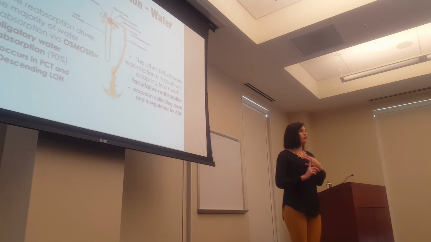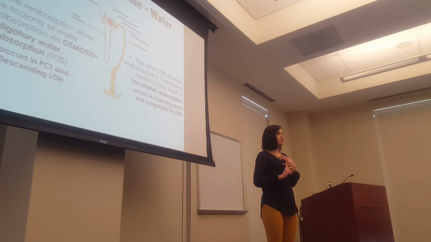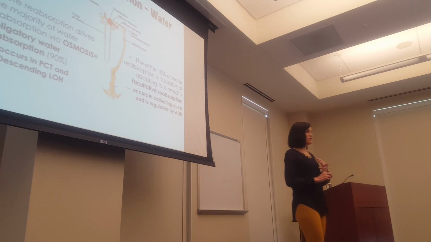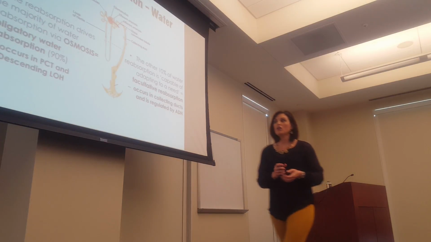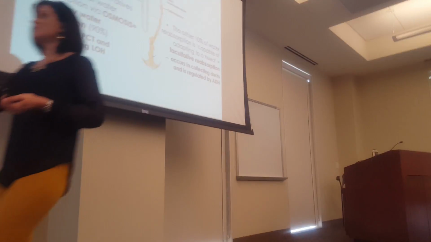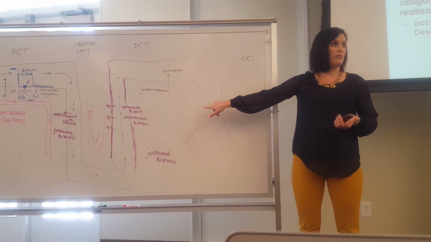One of the functions of antidiuretic hormone is to trigger the insertion of a channel called the aquaporin channel in the collecting duct, all right? So usually the collecting duct has relatively little permeability to water, okay?